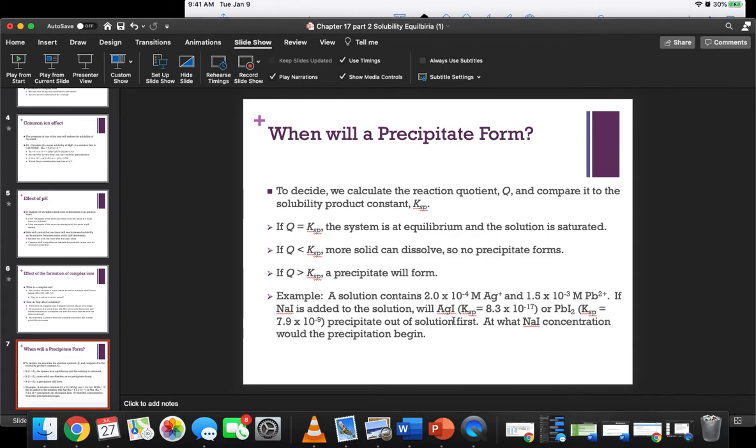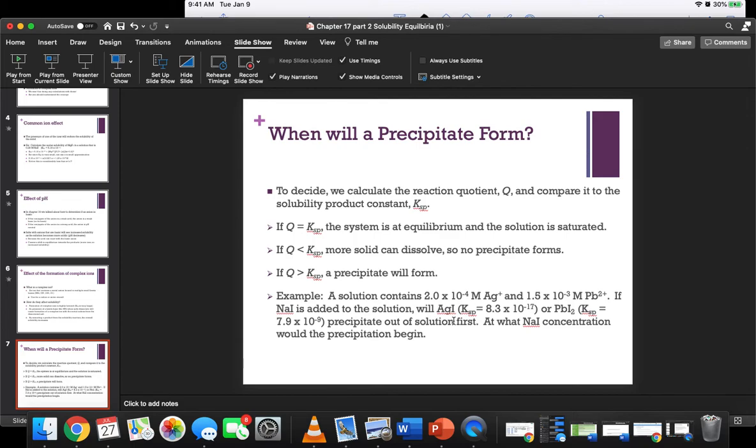And then I can solve my X value for that, which I'll solve in just a second. I can do the same thing for the lead iodide, right? So here my KSP would be, instead of X times X, it's actually X times the quantity 2X squared, which has to be equal to its KSP, which was 7.9 times 10 to the minus 9.